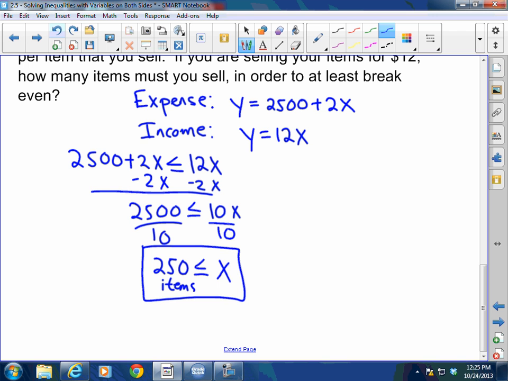If you sell 250 items, you break even. If you sell more than 250 items, you're making money. If you sell less than 250 items, you lose money. Does that make sense, guys? Because this is really important. Does that make sense? Promise?